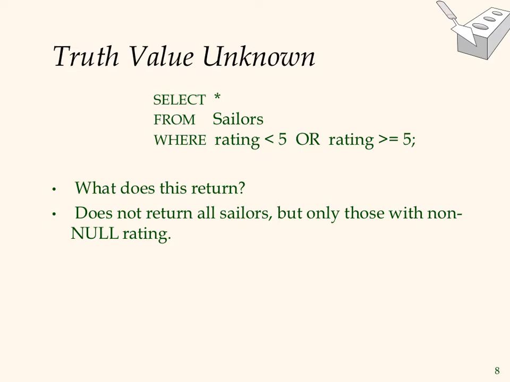But suppose you have a sailor whose rating is null, like in the Dustin example that we've seen before. So then the null rating less than 5, when that's evaluated, comes out as unknown, because null less than 5 is unknown. Or null rating greater than or equal to 5 also comes out as unknown, okay, because null greater than or equal to 5 is unknown.